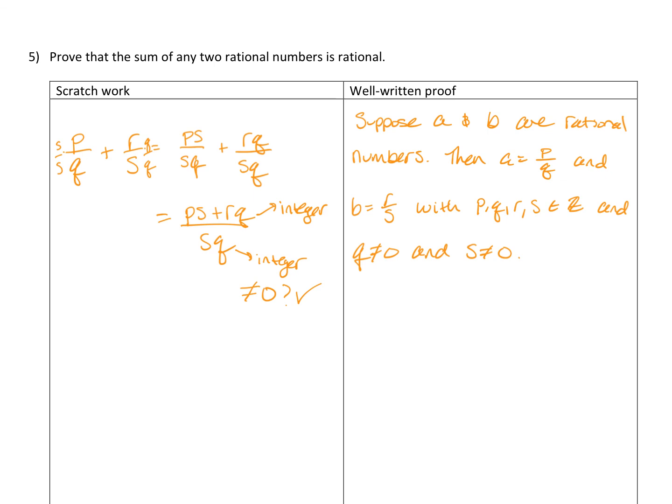Okay, so if a and b are rational, then they can be written as a ratio of integers with the denominators not zero. Thus, a plus b equals p over q plus r over s equals (ps + rq) over qs.